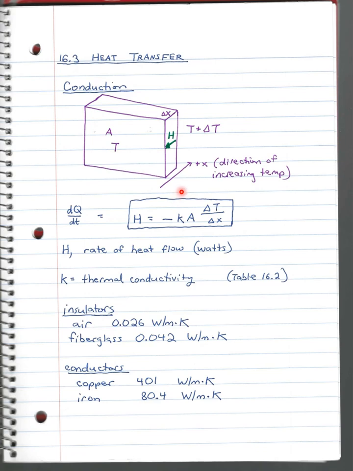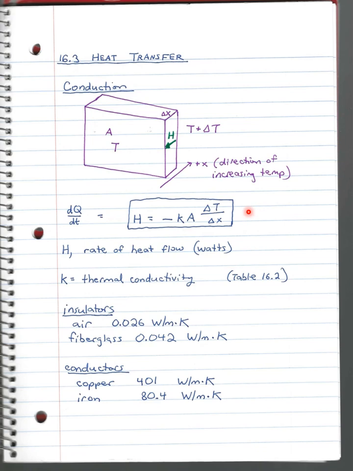Now, I've drawn it as it's written in the book, and you can see the x direction is the direction of increasing temperature. So that's the direction of increasing x as well. And it's drawn away from us or towards the far side. That's not really that important, but what it does is it helps us to understand why in the equation below there's a negative sign.